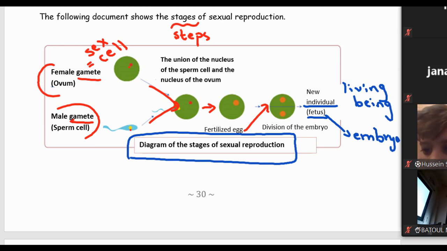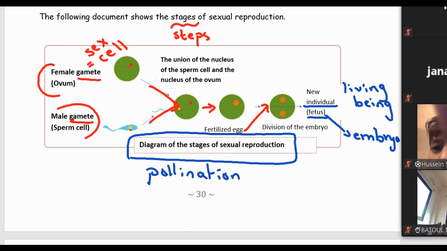We cannot say that it includes pollination and fructification, because pollination is done only in plants, which make pollen, and this pollen is moved to the ovary, which will become a fruit as fructification.